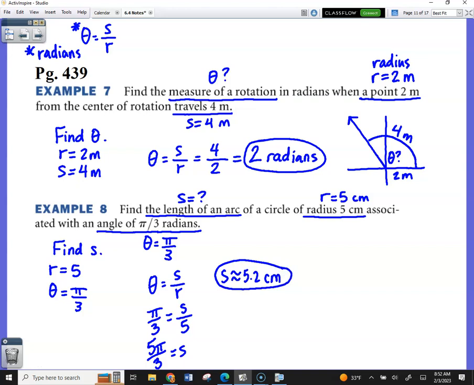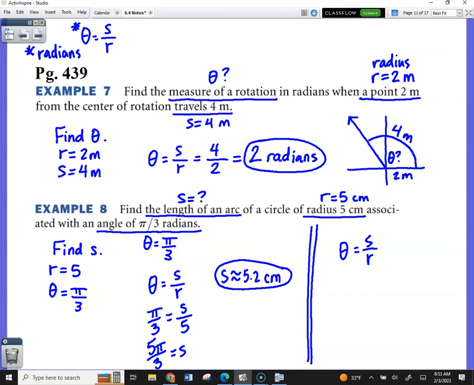The alternative way, I'm drawing a line. Actually, I'll draw two to kind of separate. The alternative way is starting back with, and if you don't like this, don't write it, the original formula. If you're not finding theta, if you're finding one of these over here, take the original formula and manipulate it so that the letter you are finding is by itself.